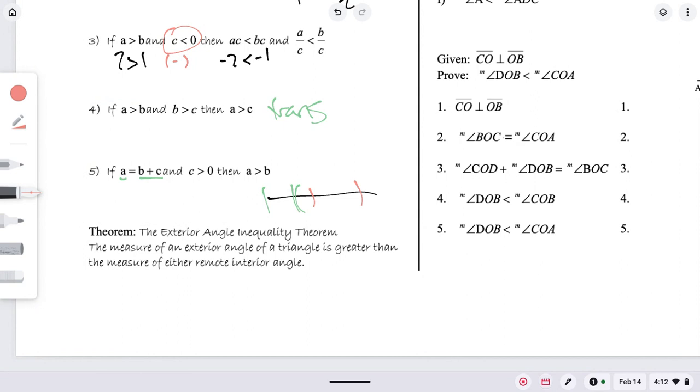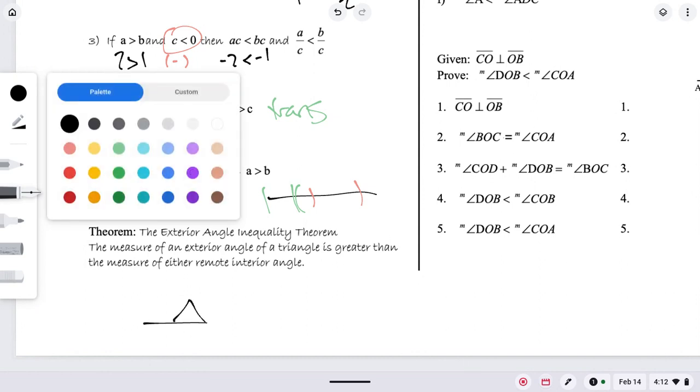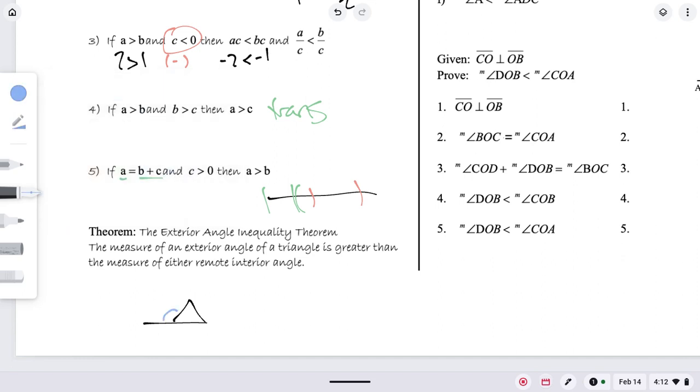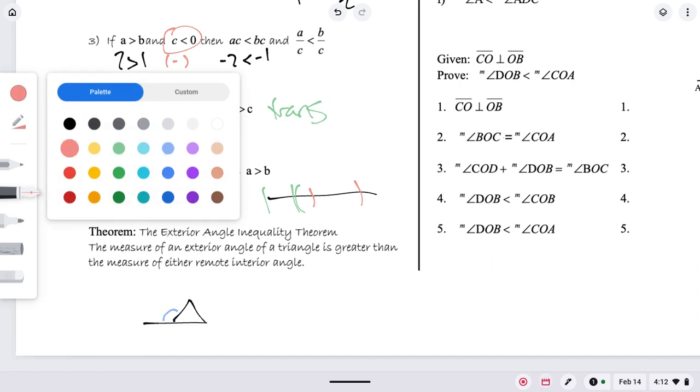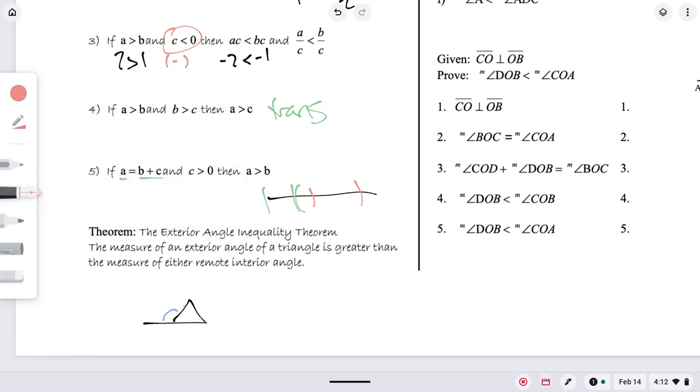You need that. It's just saying if I draw a figure here, if you remember, this exterior angle measure is equal to the sum of the two remote interior angles. So if I added those two red angles together, I'd get that blue.